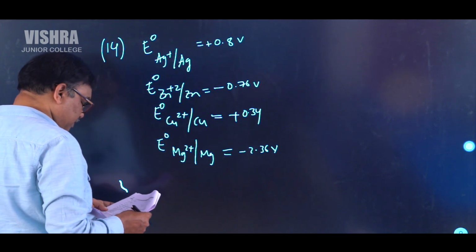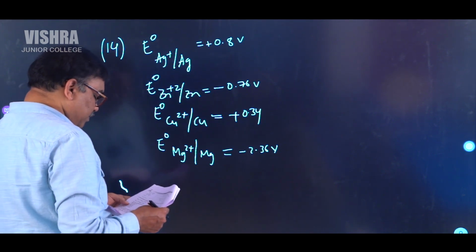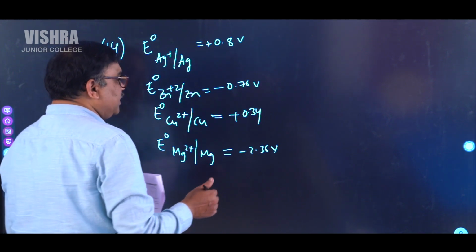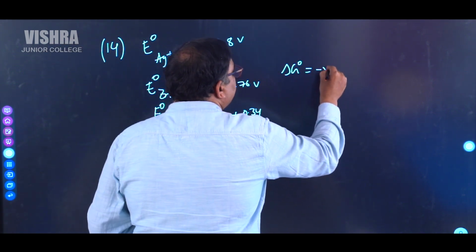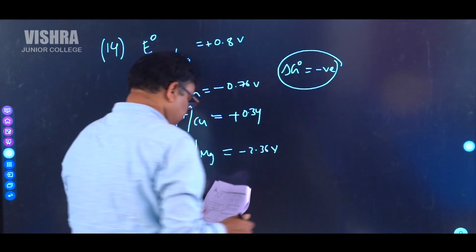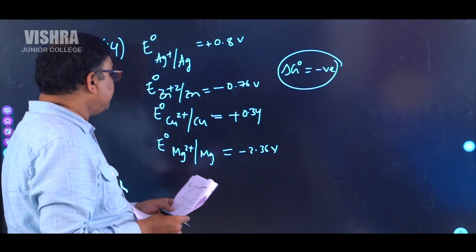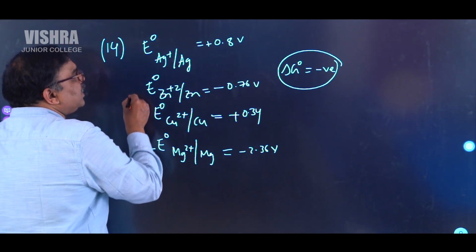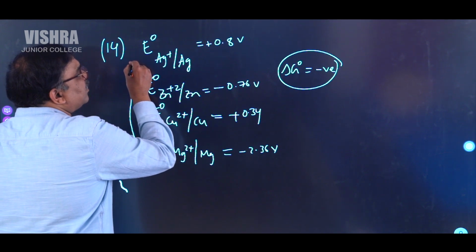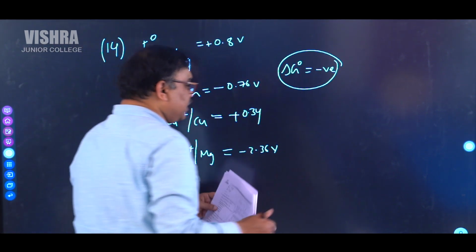Magnesium is very powerful. So which of the following will have the most negative value of delta G? Delta G0 is equal to negative. Which one will have the most? The most negative value will be between this big minus value and the big positive value, so these two you connect.